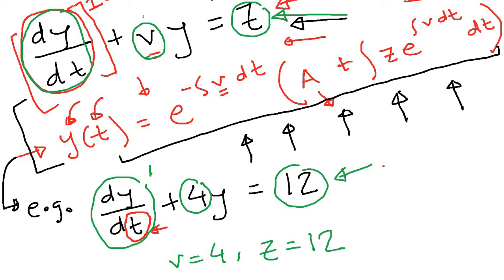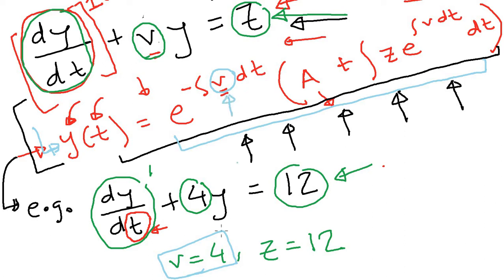And now all you need to do is substitute these values. So this v equals to 4 can be used here. So now you can move on to the main solution. So please remember, this is the main solution. So to find the main solution you need v, which you have found here, and you also need z, which you have found here.